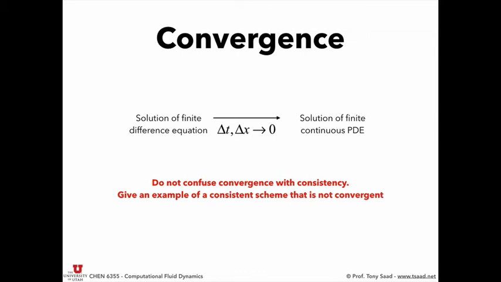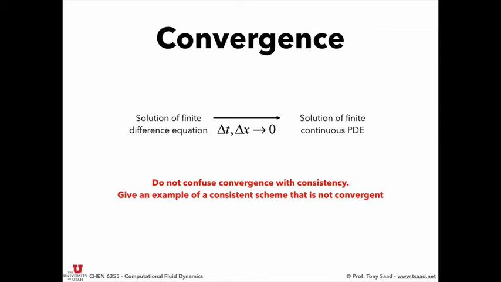Convergence has to do with the solution, not the consistency. Convergence says that the solution of the numerical scheme approaches the exact solution as delta t and delta x approach 0. That's not equivalent to the truncation error approaching 0.